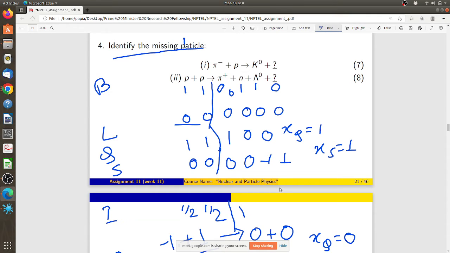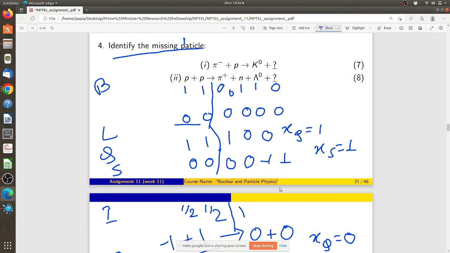How can you find the value of I? I means the isospin. Isospin means that in any particle, like P and N makes a doublet, so pi also makes a triplet: pi plus, pi 0, pi minus. So in the pi section, 3 members are there.